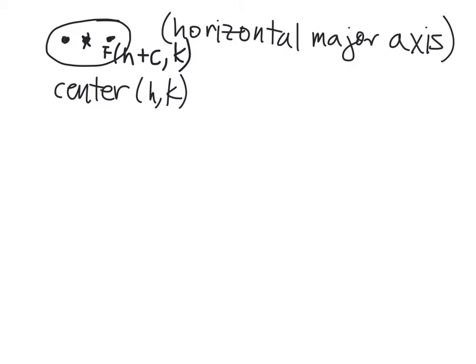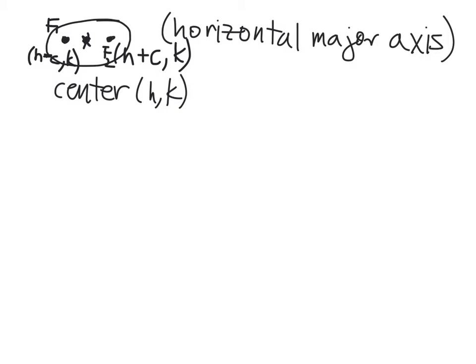And then this focus, we called this one F2, we'll call this one F1. The x coordinate of F1 will be h minus c, and then k.